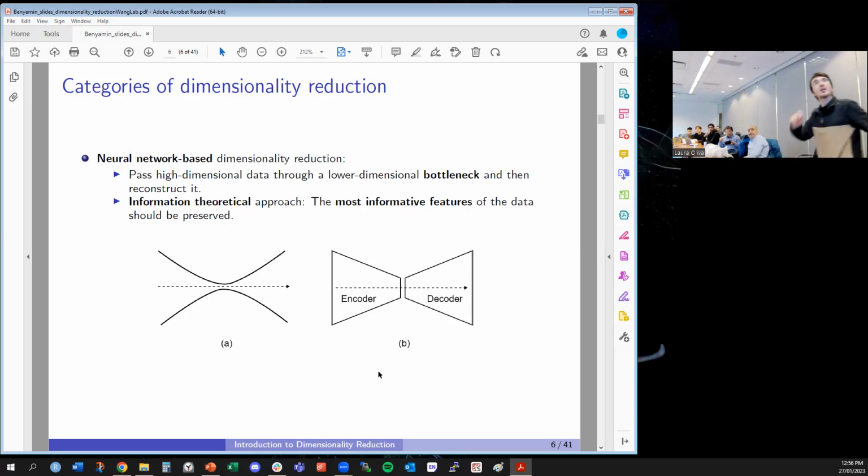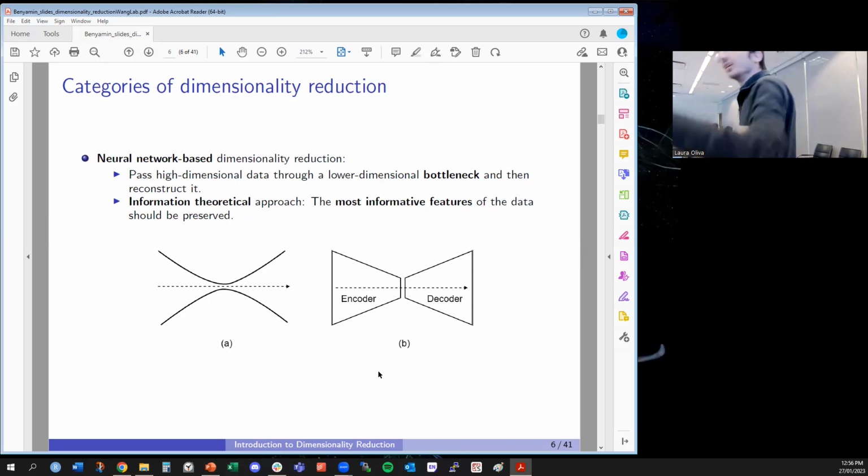That's why it has an information theoretic approach: by information theory, I only want to preserve the most important information through the bottleneck. That's the neural network approach, where we can implement this figure A with an autoencoder, with an encoder and a decoder where the latent space has lower dimensions. Learning this is dimensionality reduction.